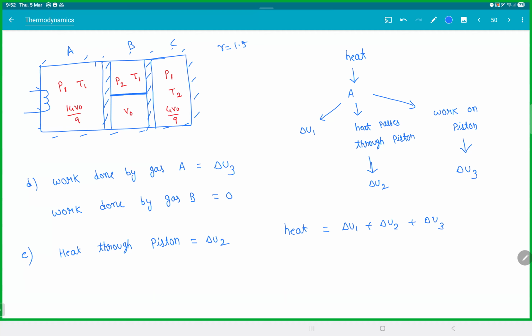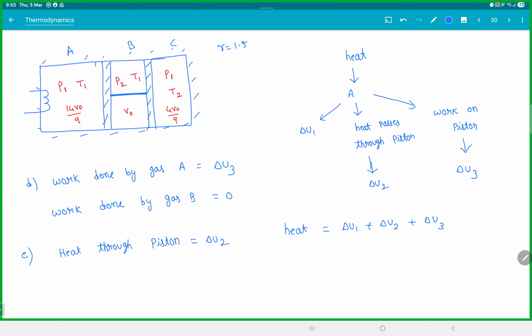Little lengthy, but yeah, doable. Any doubts on this?